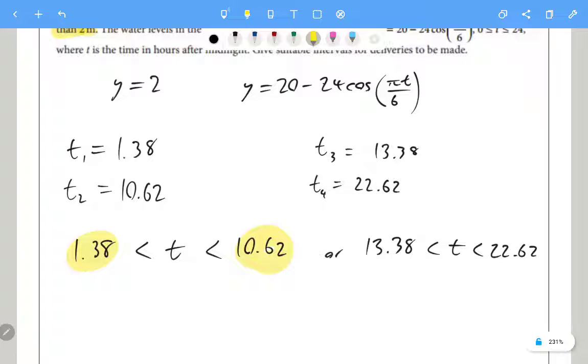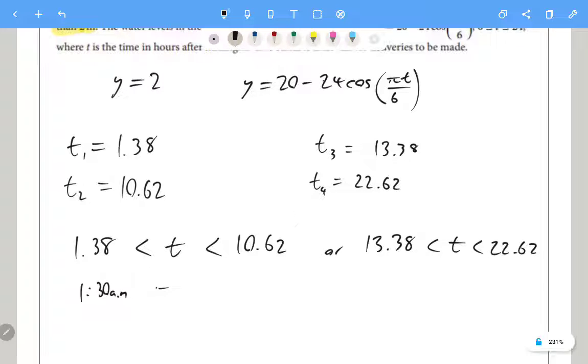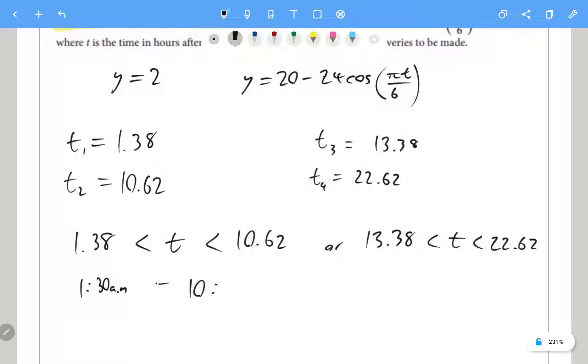And I could round down here to 10. Alternatively, you could just round to the nearest half hour. So I could go 1:30 a.m. to, what would this be? It would have to round down to 10:30 a.m. That's another way we could write it.